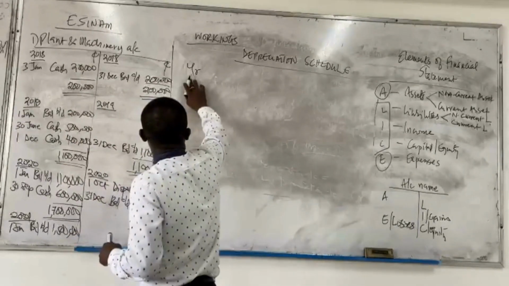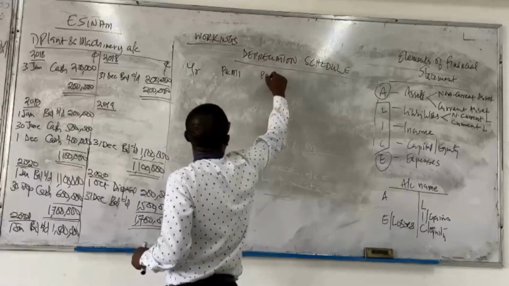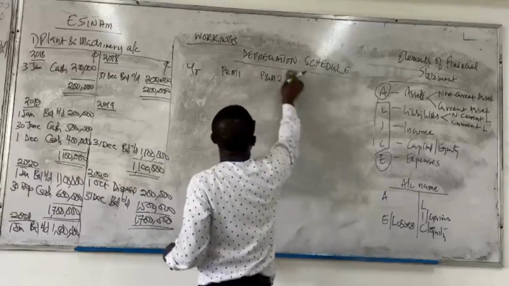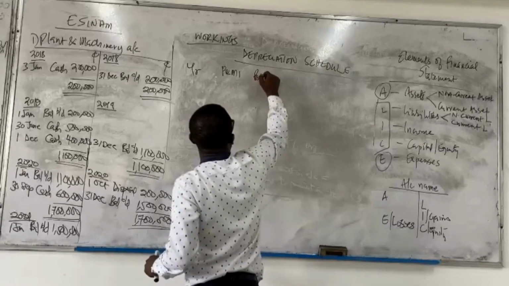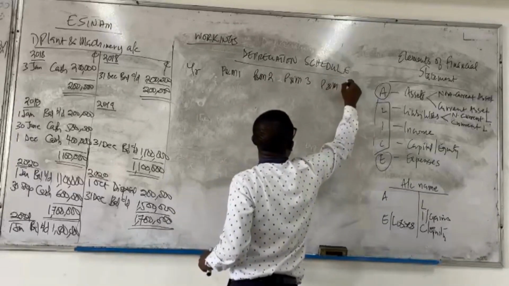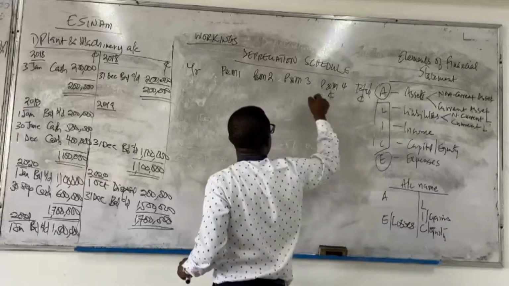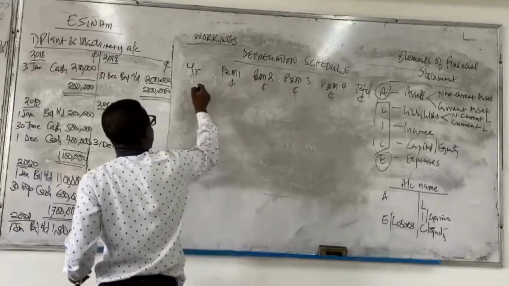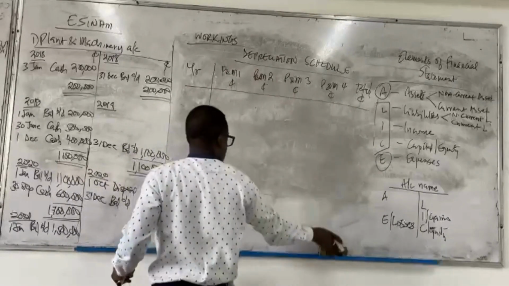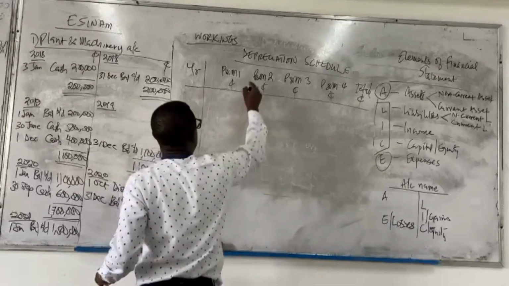So I'm going to have my year, plant and machinery 1, plant and machinery 2, plant and machinery 3, plant and machinery 4, and I have my total. Then my year. You should be able to construct it. Let's continue.